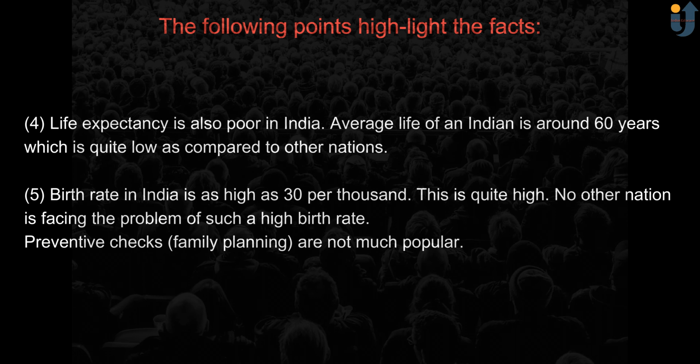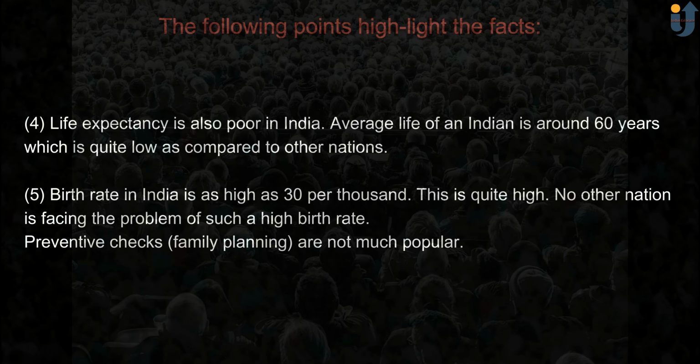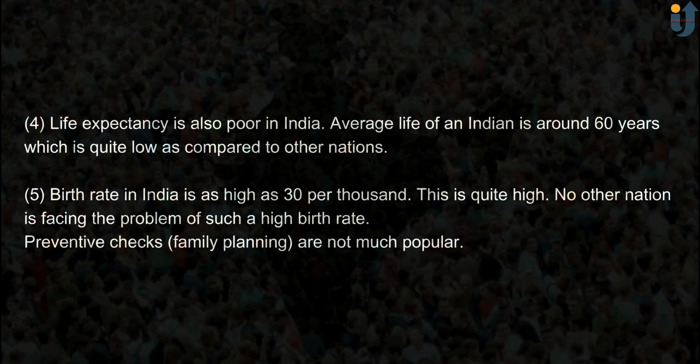The fourth is that life expectancy is also poor in India. The average life of an Indian is around 60 years, which is quite low as compared to other nations. The fifth is that the birth rate in India is as high as 30 per thousand. This is quite high. No other nation is facing the problem of such a high birth rate.